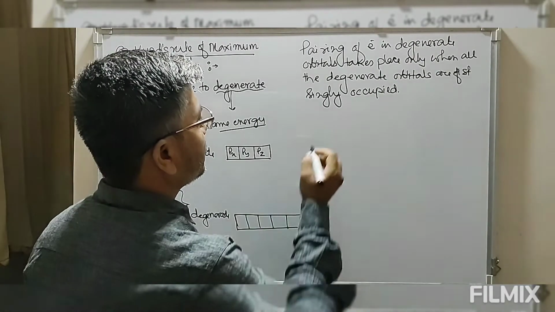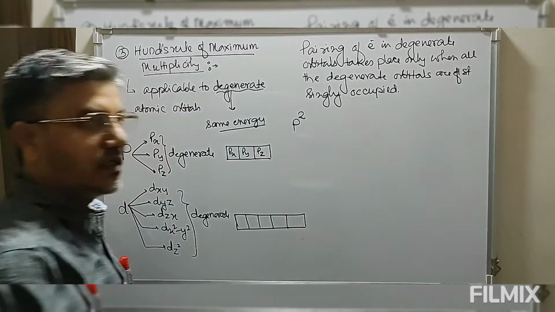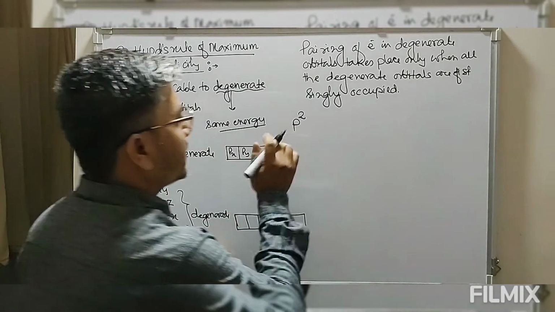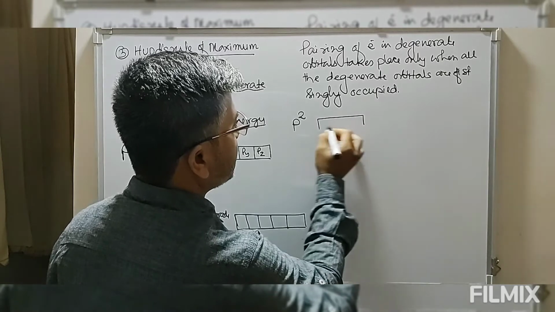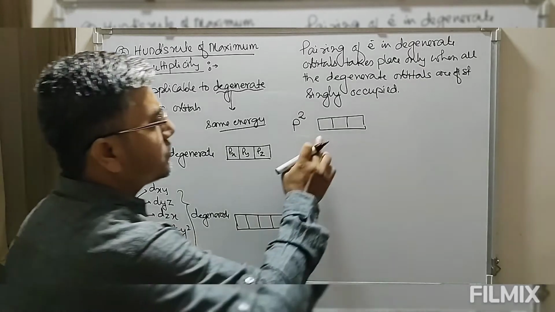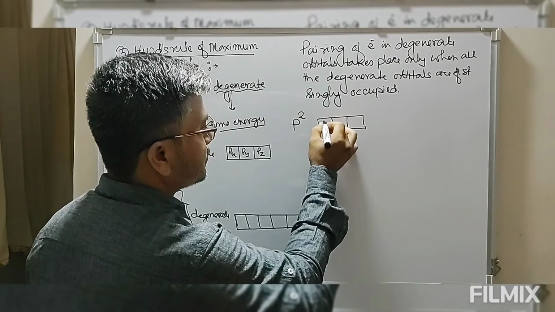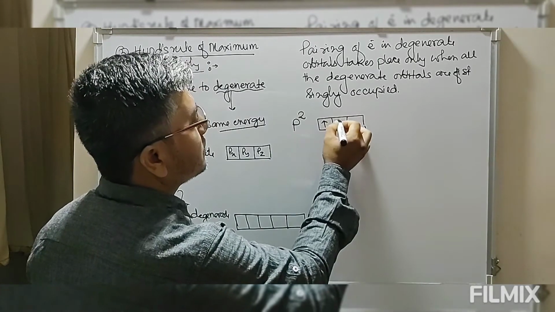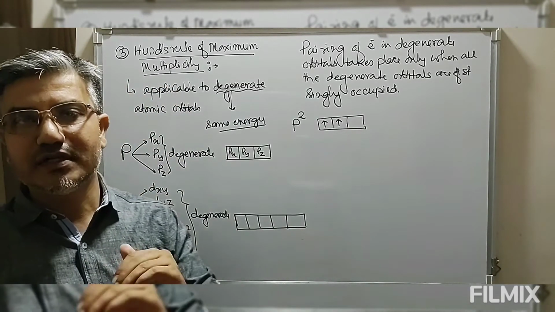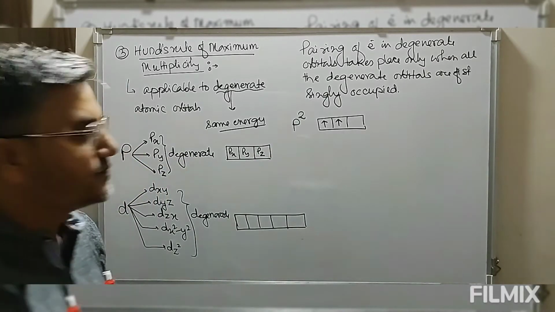Let's say we have to place two electrons in this p subshell. Now we have p2. The rule says this p has three orbitals, all having the same energy. So the electrons should be placed in such a way that each same-energy orbital has one electron. That is the meaning of singly occupied.